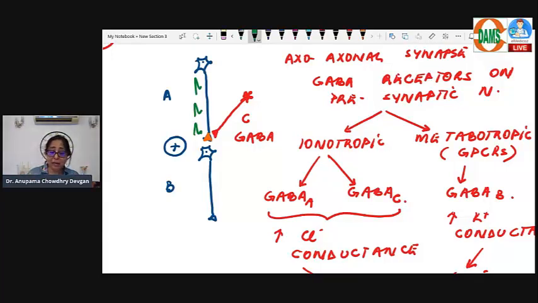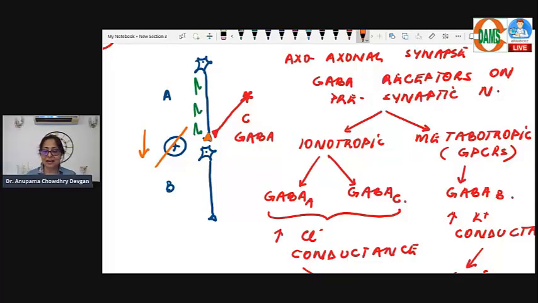And now, remember, the presynaptic membrane normally secretes an excitatory neurotransmitter. So what will happen to the secretion of this excitatory neurotransmitter? This will now reduce. Reduction in the release of an excitatory neurotransmitter is also a type of inhibition, indirectly. This is what is known as presynaptic inhibition.